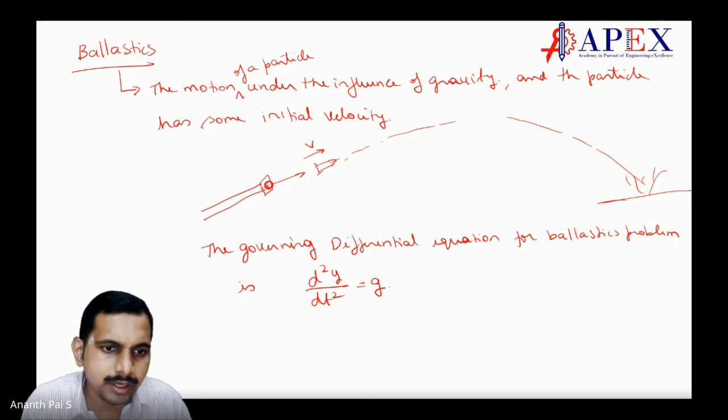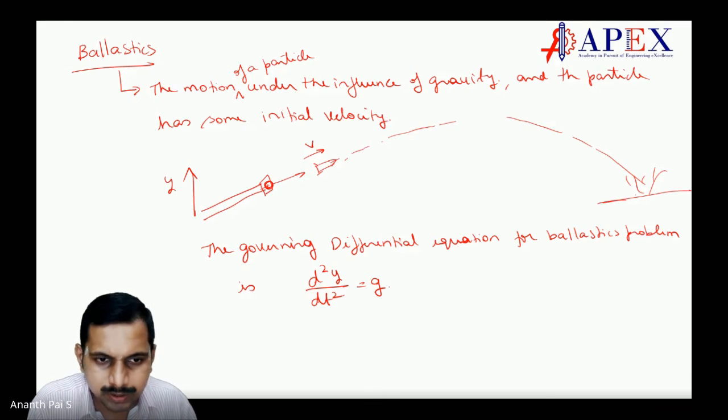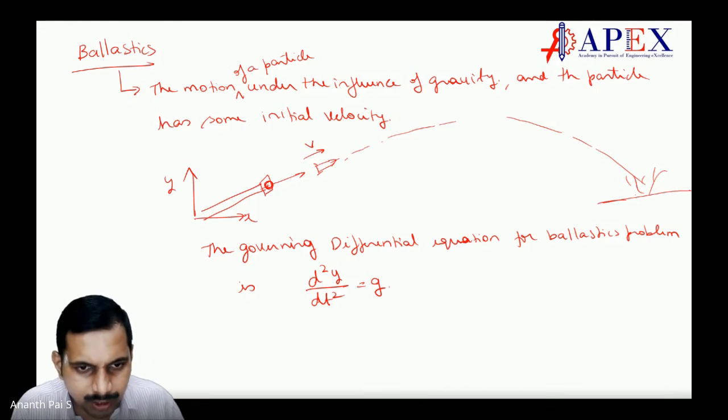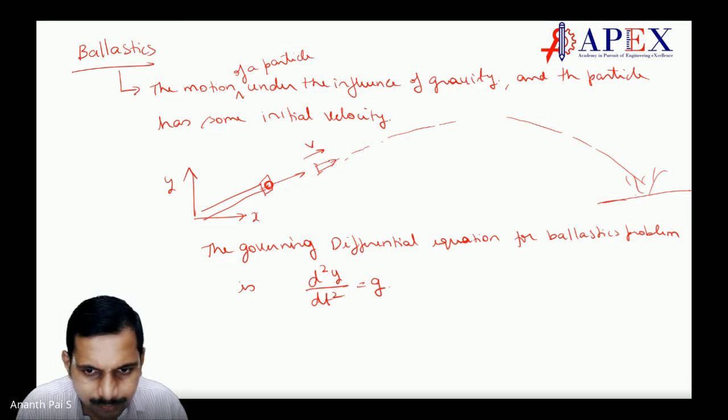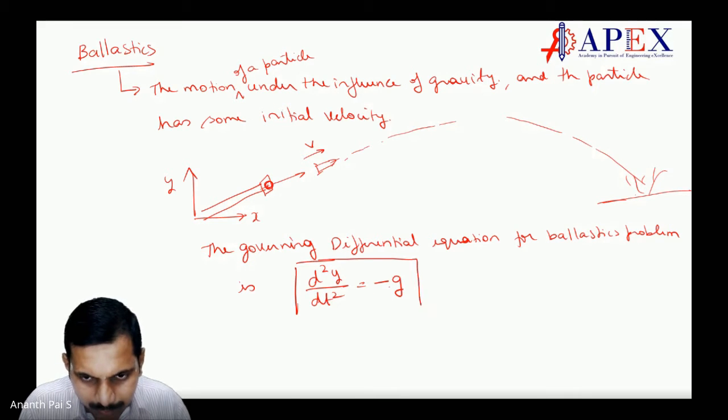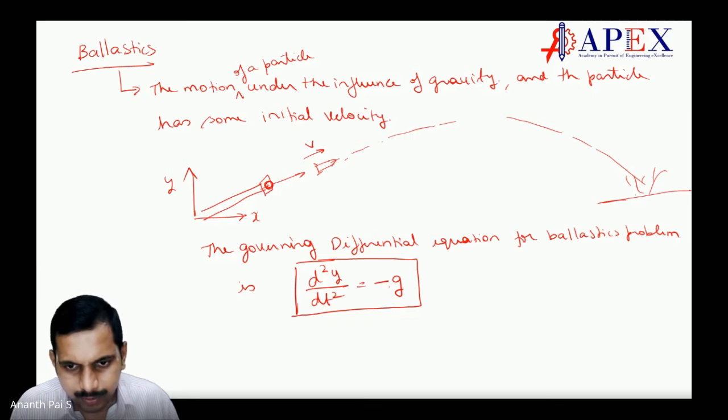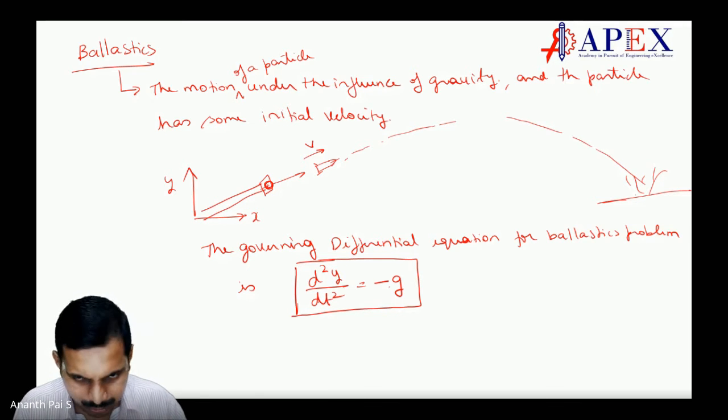That's it. If I consider this is y, this is x, what is the governing equation? Governing equation is only d square y by dt square is equal to minus g. This is the governing equation. Based on this governing equation, we will derive all the things that have to be derived.